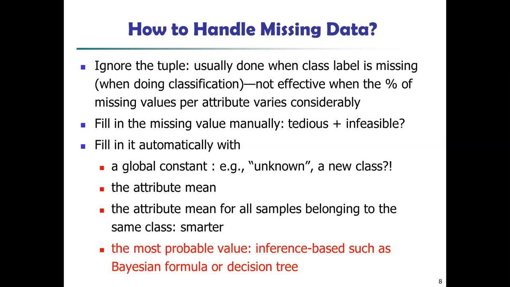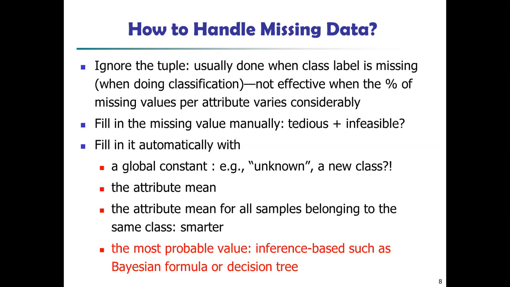For example, the average salary, the mean value, for samples in the same class. That is smarter. So for missing data, ignore the tuple or fill automatically with an unknown constant, the attribute mean, or the mean of all samples belonging to the same class.